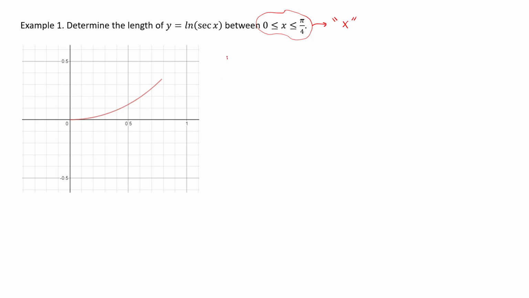So if we write the formula, that will be from x1 to x2, the square root of 1 plus... How do you determine whether it's dy over dx or dx over dy? If it's with respect to x, then dy over dx.